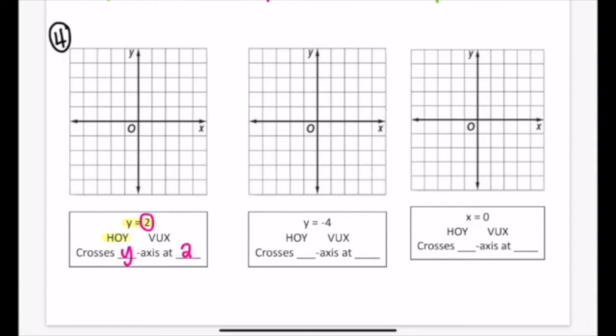So we're going to go on the y-axis. Remember, y goes up and down. So on the y-axis, we're going up to 2. And this is a horizontal line, so the line that we're drawing is going from left to right. And the slope is 0. Remember, H horizontal, O 0, y equals.